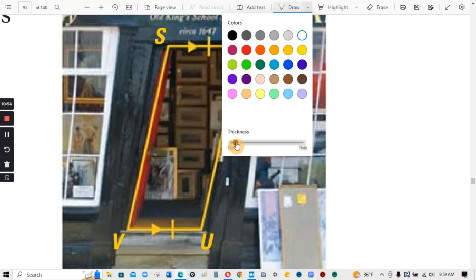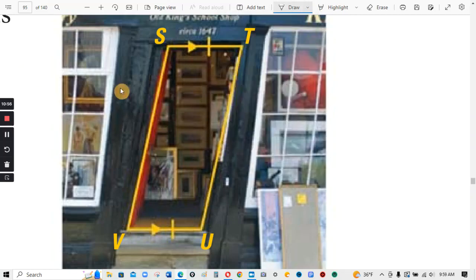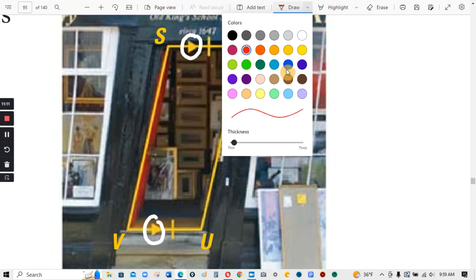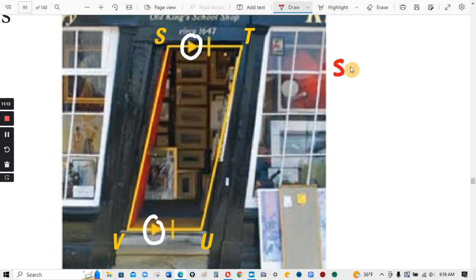On the drawing, we have this and this indicated as parallel. So that's ST and VU. Those are parallel. ST is parallel to VU.